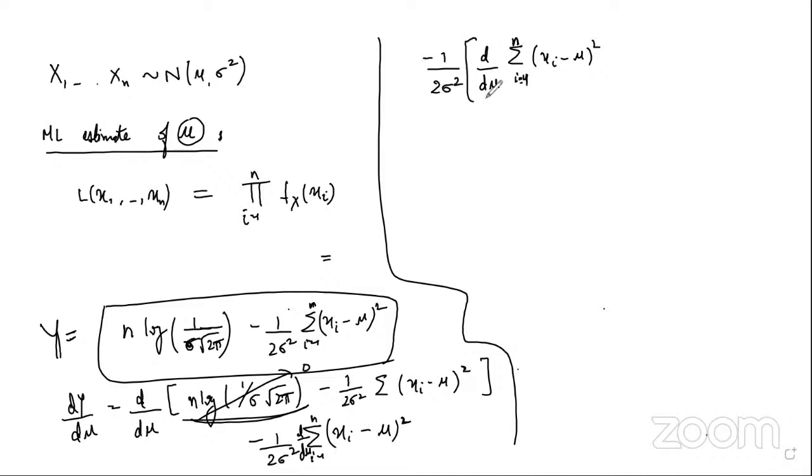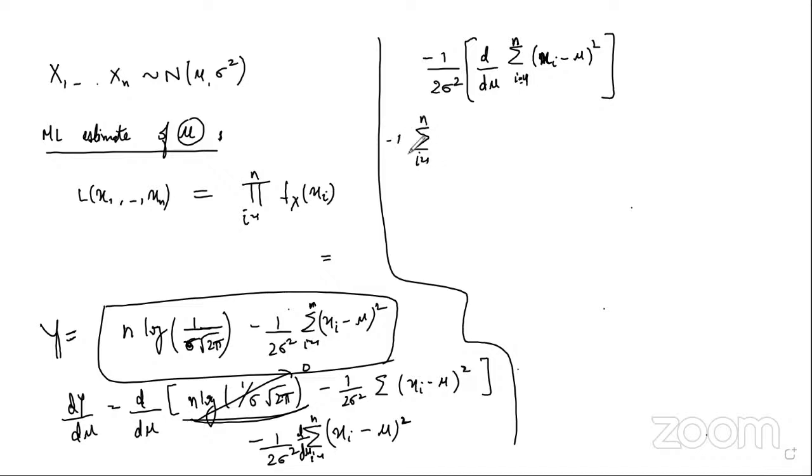So what will you get once you differentiate this? Inside the bracket, we go with the summation from 1 to n of 2 into (xi minus mu) into minus 1. The constant stays constant.